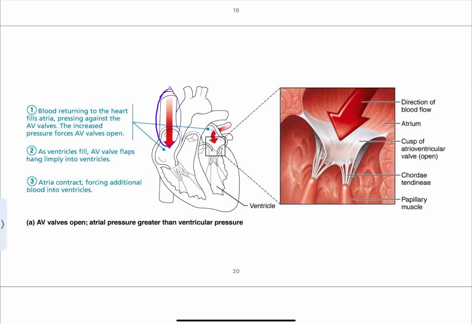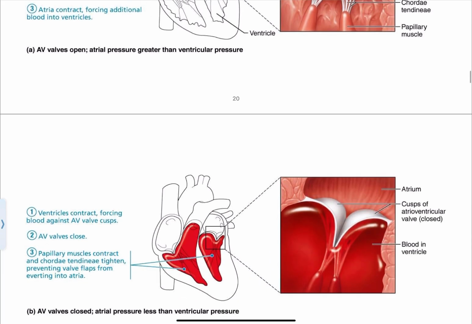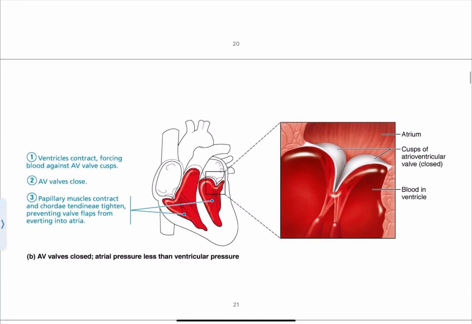I was pointing out the blood coming from the inferior and superior vena cava, but the same thing is happening with our pulmonary veins, all 4 of them, as they empty into the left atrium. So now we've emptied all of the blood that was in our right and left atria into our ventricles, and that's what we're seeing here.